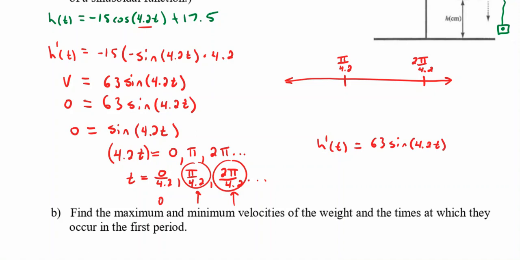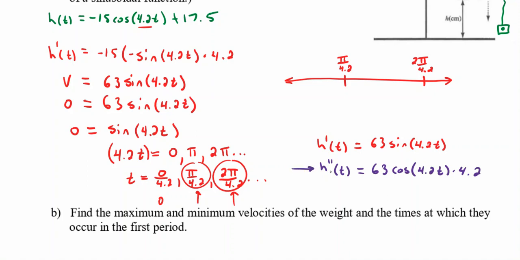Okay, so now let's take the second derivative. h double prime of t is 63, and the derivative of sine is cos, so cos 4.2t, and then times the derivative of the inside, so times 4.2. Let's think about what we just found.